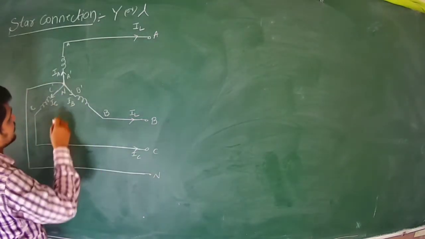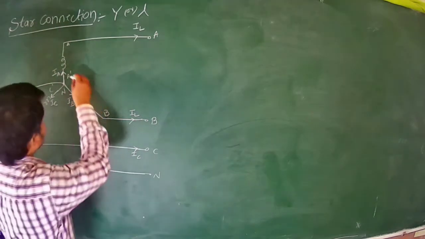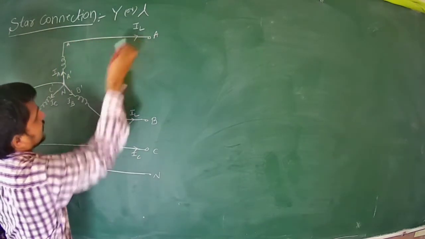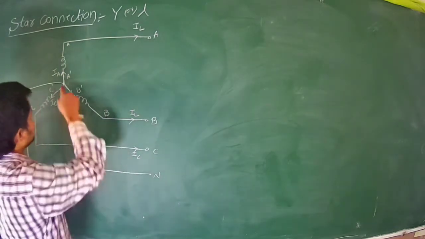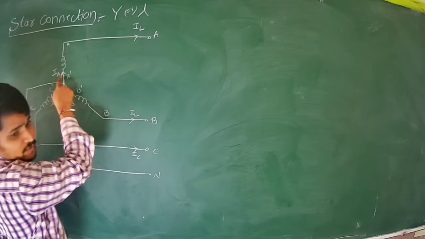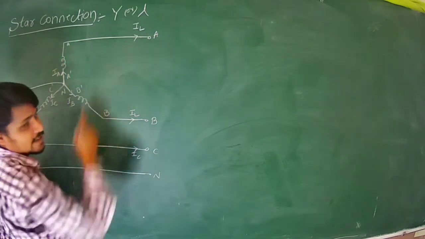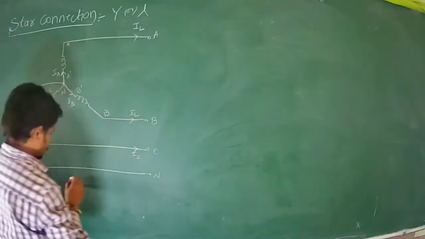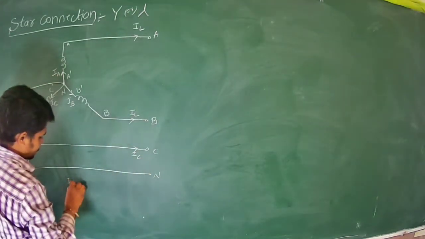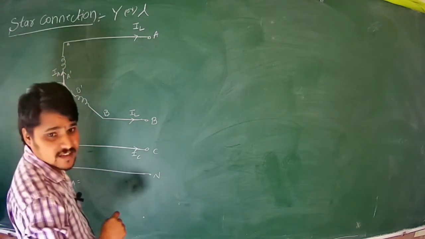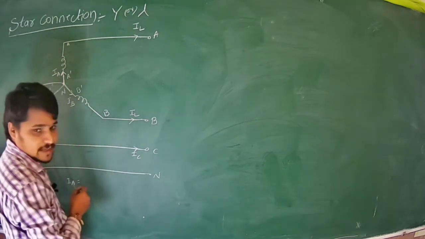Now simply by seeing this circuit, just observe that this IA must be equal to the IL. From Kirchhoff's current law, this same IA current is going through this line IL. Therefore, let us assume that this is a balanced supply system.